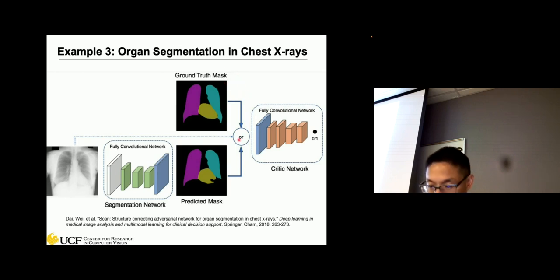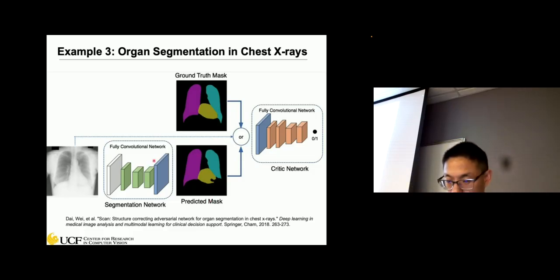Ultimately, the generator's task is trying to generate something that is indistinguishable from the real. If that objective can be achieved, then that means the generator can predict really accurate segmentation masks. So that's the intuition, and hopefully this is easy to understand.